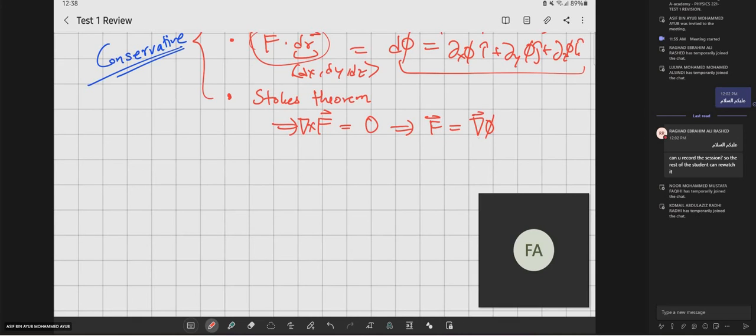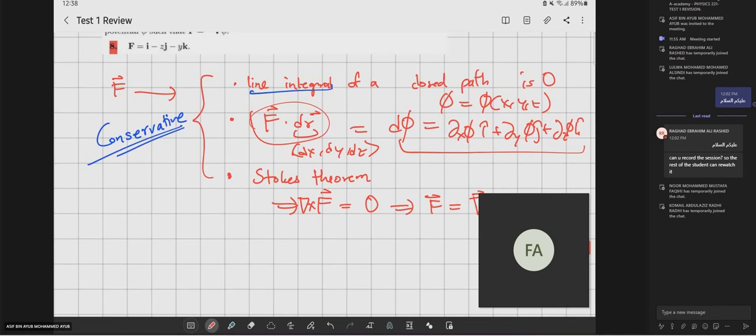Again, remember, the gradient only acts on a scalar function. The gradient usually doesn't act on a vector. I mean, there are quantities like this, but the meaning of those requires that you know tensors.